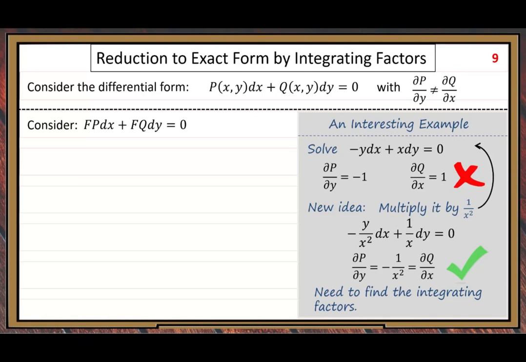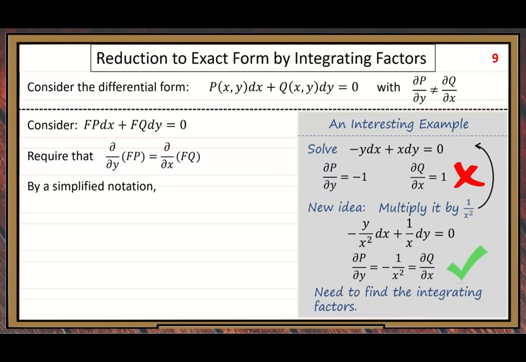We want to calculate it. So we put that unknown f, then we apply the exactness criterion and set up a differential equation like this. We hope to derive this formula from this equation. Hopefully.